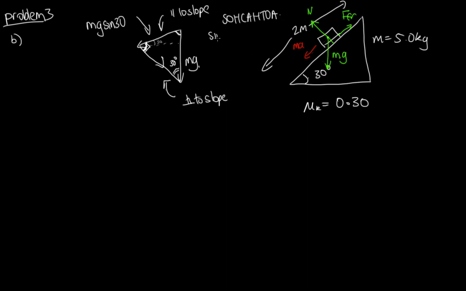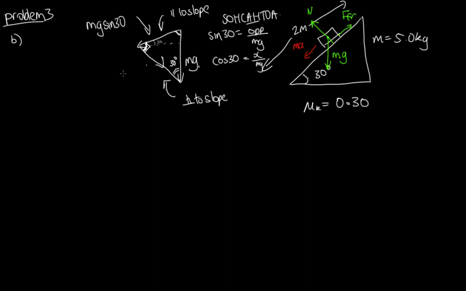We know that sine is equal to opposite, which is this side, over the hypotenuse, which is the mg. So the opposite side is just equal to mg sine 30. And then using the cos part, we have cos 30 is equal to this side. Let's just give it a symbol, let's say x, over mg.